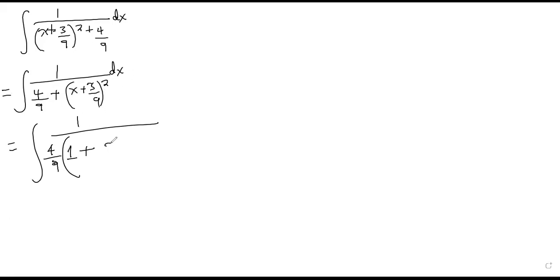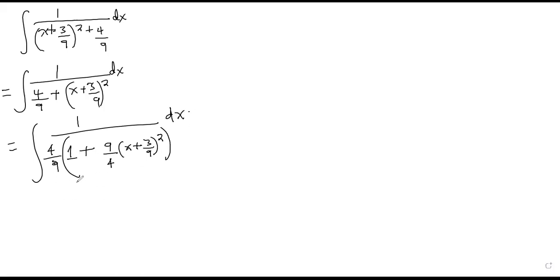So we shall have 9 over 4 over x plus 3 over 9, everything squared, then dx.